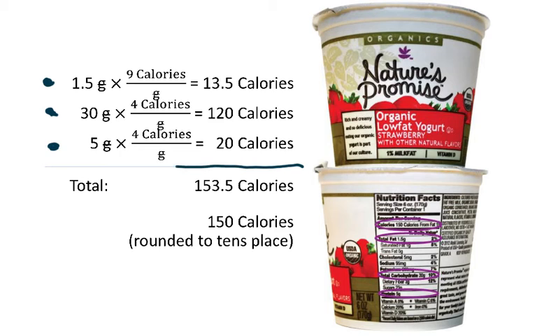So if we add these up, it's 153.5 calories, and rounded to the nearest 10s place, which is common on labels, you'll never see something down to the single digit ones place, that would round to 150 calories, which we see right here in the label. So that's where that came from.